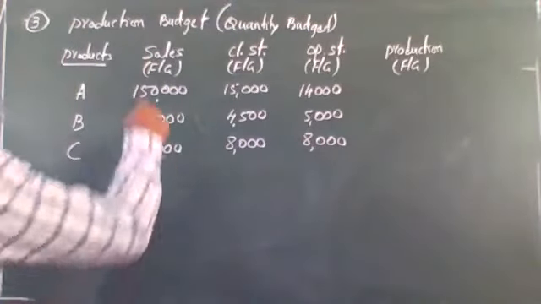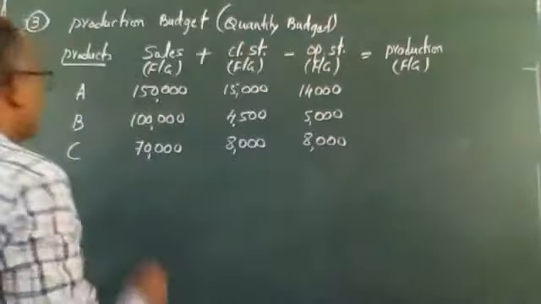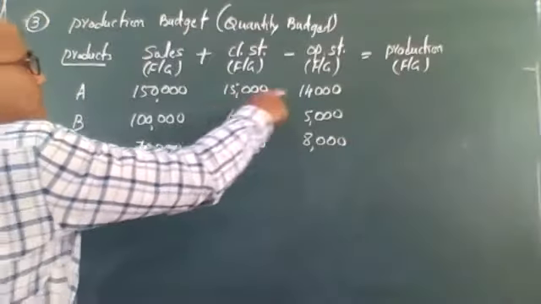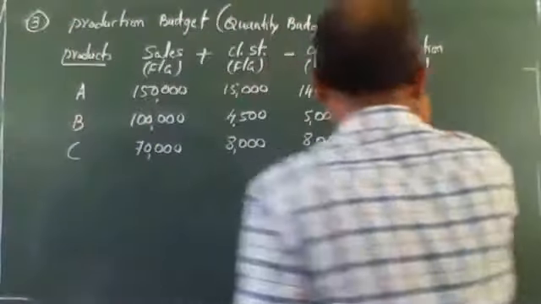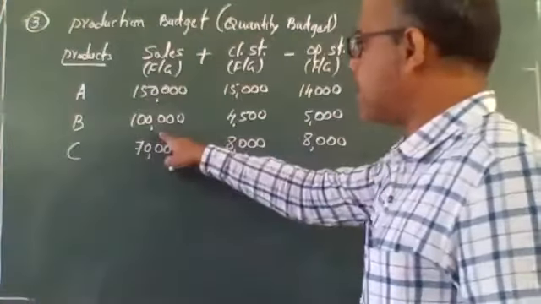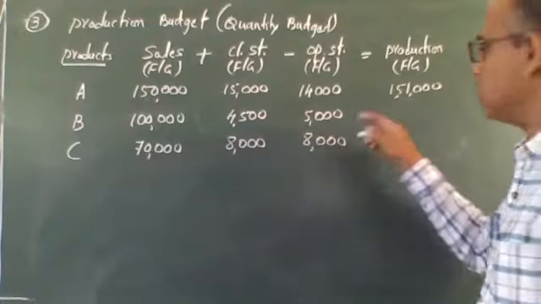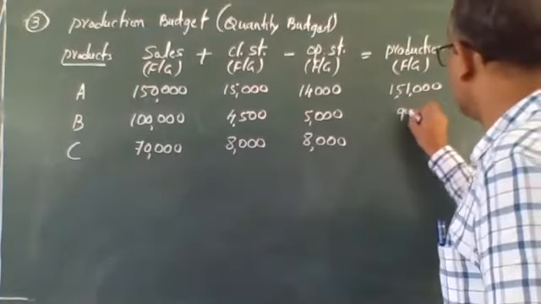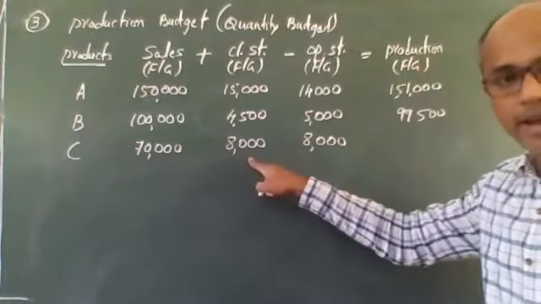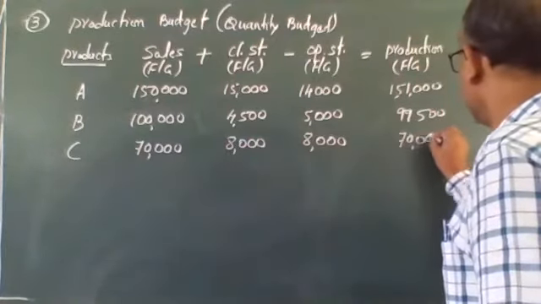All right. Apply the equation. What is the equation? Sales plus closing stock minus opening stock gives you production. This is your formula. So 1,50,000 plus 15,000 minus 14,000 gives you how much? 1,51,000. 1 lakh plus 4,500 minus 5,000 should be 99,500. 70,000 plus 8,000 minus 8,000 remains 70,000 units.